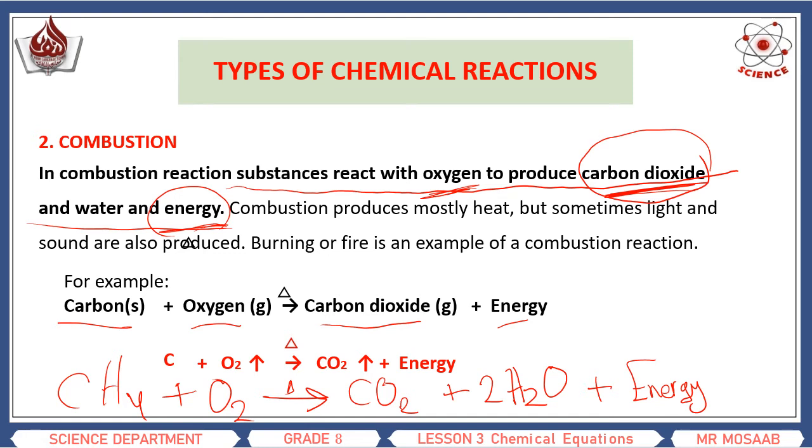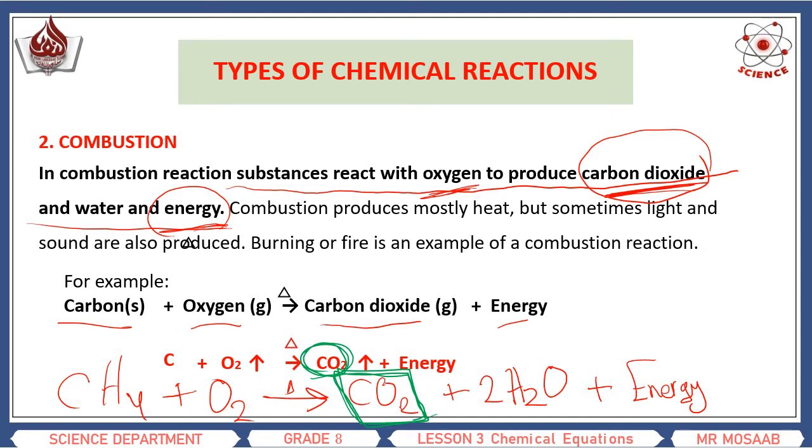So how to differentiate between combustion and oxidation? Combustion, in the product side, you must find carbon dioxide. But in the oxidation reaction, no carbon dioxide.